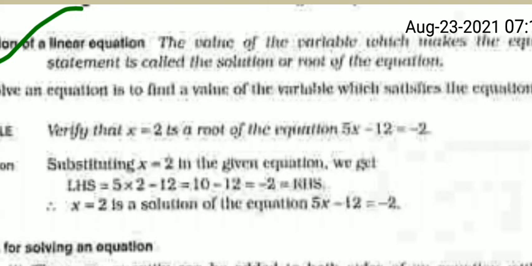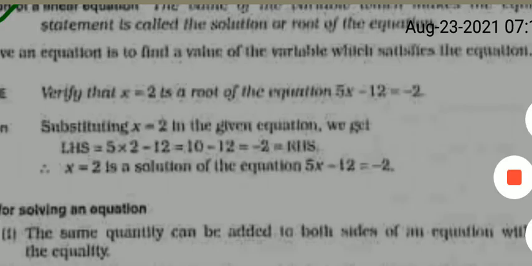Here LHS is 5x minus 12. Putting x equal to 2 in the given equation, the result comes out to minus 2, which is equal to RHS. That means x equal to 2 is a solution of the equation 5x minus 12 equal to minus 2.